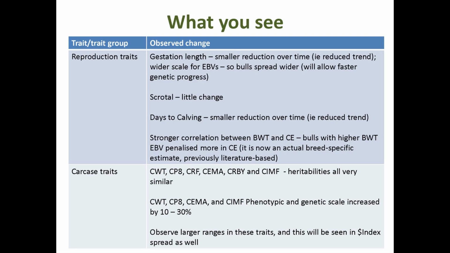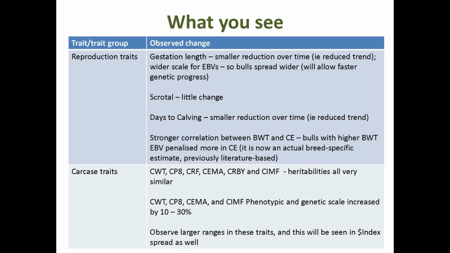I'll come back to this, and those bulls are going to be spread further apart for marbling than they were previously, and you're going to see that in their indexes because they've been spread something like 20 to 30% more than was previously the case, and it's because that scale has gone up. So these two areas are the places you'll see most differences in animals' EBVs.